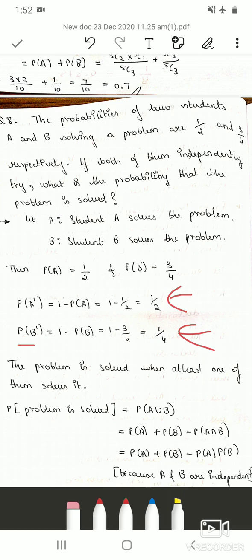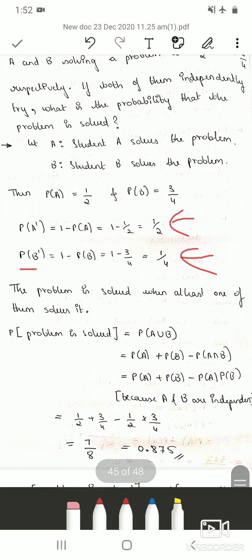So the problem is solved when at least one of them solves it. They have asked us to find the probability that the problem is solved. So either student A can solve it or student B can solve it. Therefore, we can take the union.